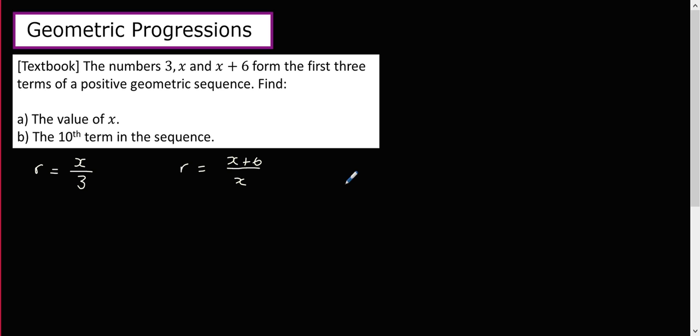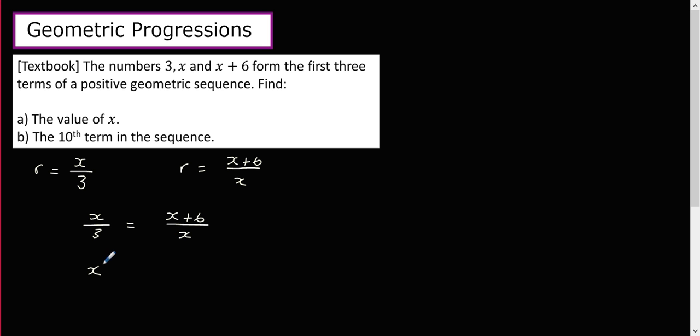So 2 different ways of writing the common ratio. Now we're being asked to find the value of x, so it makes sense to use this information. Because those are both the same common ratio, we make them equal: x over 3 equals x plus 6 over x. And we're just going to multiply and solve this equation.